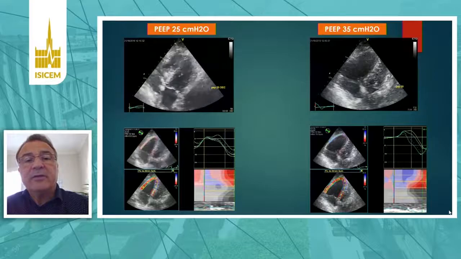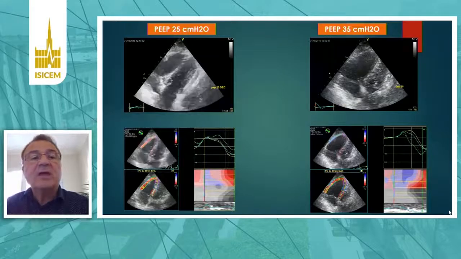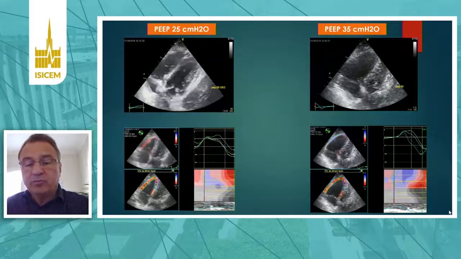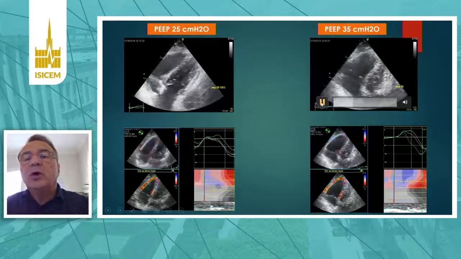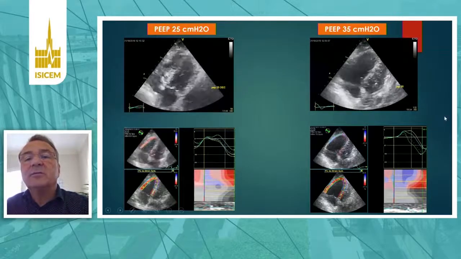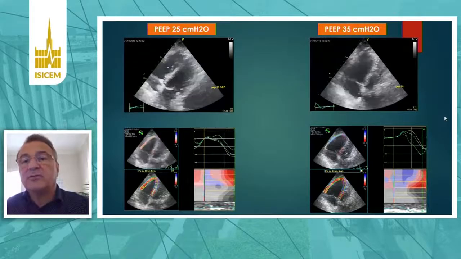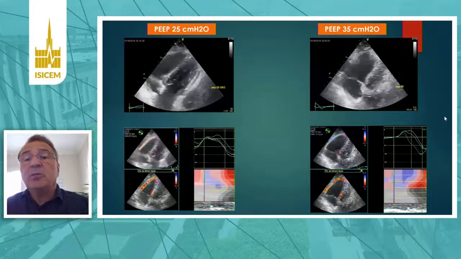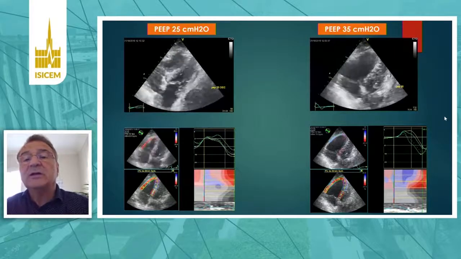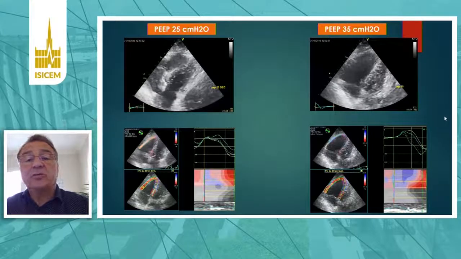And look at this recruitment maneuver with a PEEP of 25 centimeters of water. The right ventricle is normal, but in contrast, when we increase the PEEP up to 35 centimeters of water, we induce a dramatic increase of the right ventricular size with a compression of the left ventricle, which induces a decreased cardiac output and an impairment of the hemodynamics in patients with ARDS.